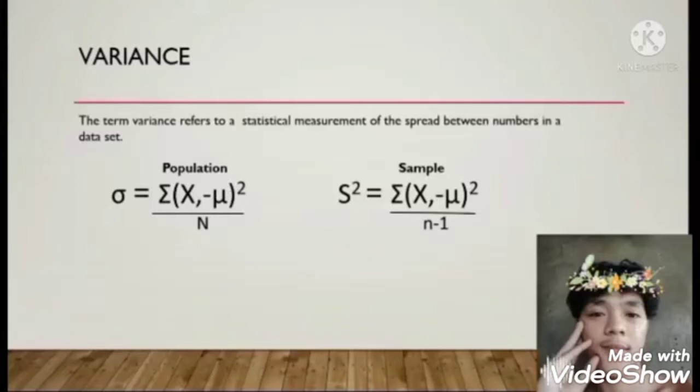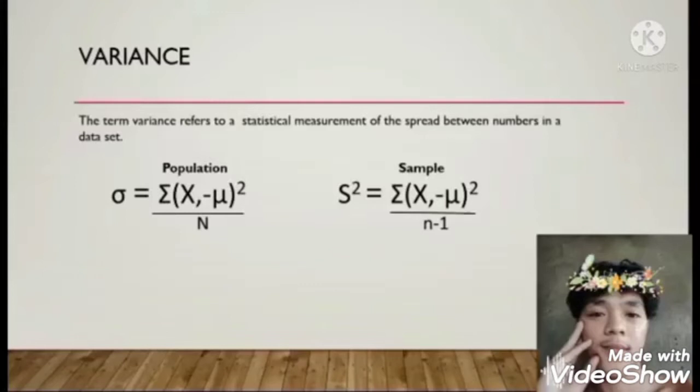The term variance refers to a statistical measurement of the spread between numbers in a dataset. So, this is the formula of variance. For a population, the variance is calculated as variance is equal to the summation of the quantity x minus the mean squared, all over n.